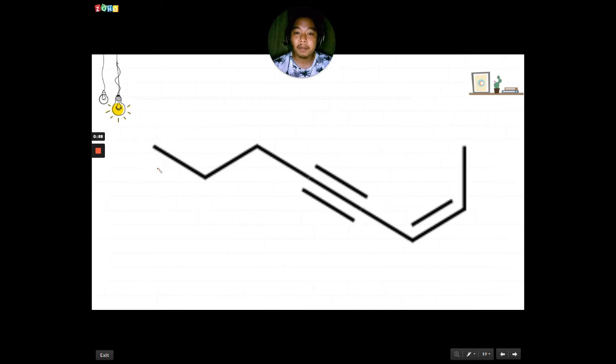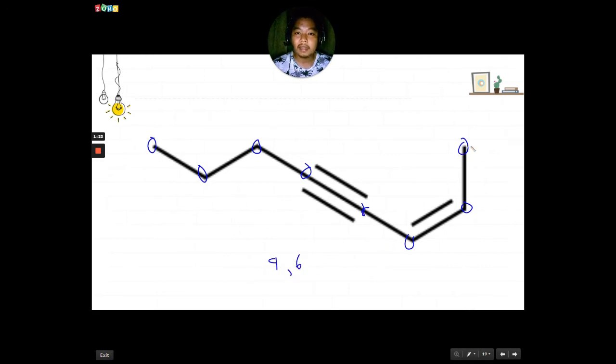So for example, if I start from left to right, that would be 1, 2, 3, 4, 5, 6, 7, 8. So that's 8 carbons. If I start counting from left to right, the bonds would be at 4 and 6.